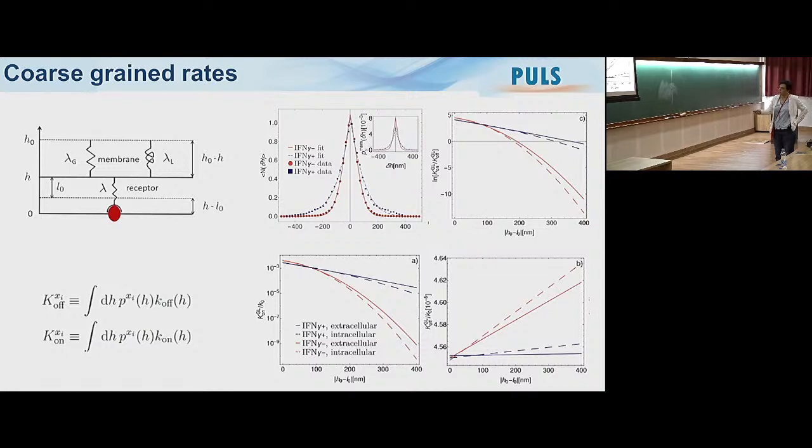Note, this is on a logarithmic scale. I go from something of the order of 10 to the minus 5 to 10 to the minus 2. This is a strong effect. This change in the spectra has produced this change in the on rate. It also changes the off rate, but much less.